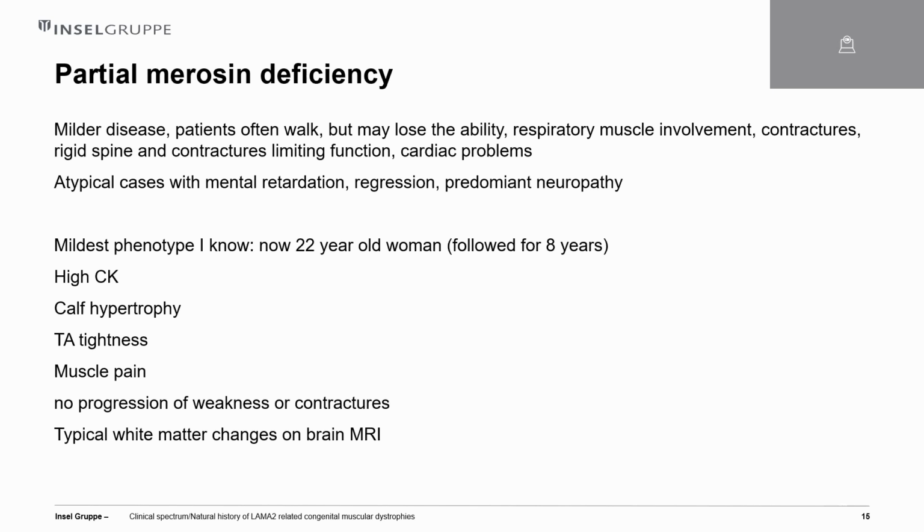The spectrum, as we've heard before, of this disease is quite wide. We have milder phenotypes, and we have very mild phenotypes. I know a now adult woman who's probably online, whom I followed for quite a while, who has no weakness, just a bit of calf hypertrophy, some tightness, some muscle pain while exercising, but otherwise no weakness, no contractures, and she has the absolutely typical white matter changes in the MRI, but she is very bright and is now at university.